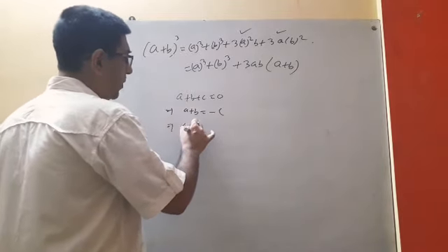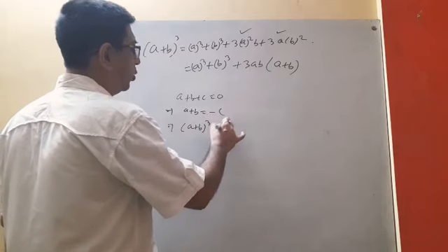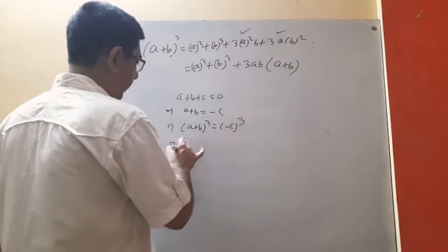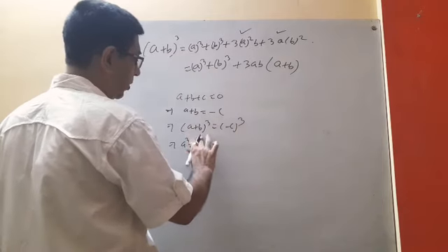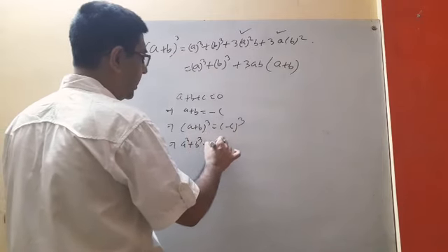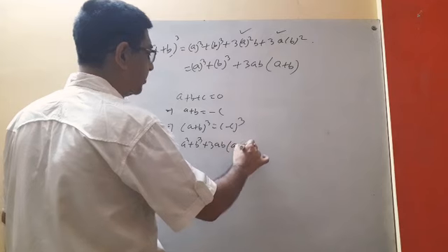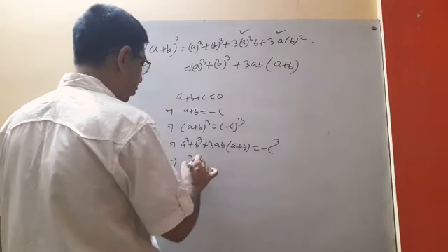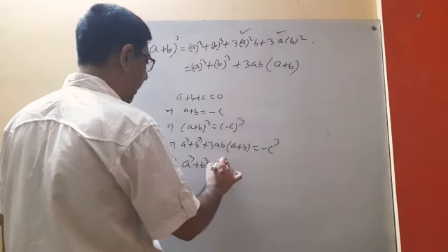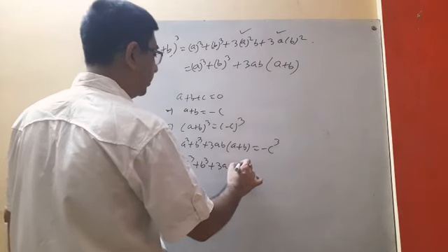So we are cubing both sides, we are getting a plus b whole cube equal to minus c whole cube. That means a cube plus b cube, we are using this formula, a cube plus b cube plus 3ab into a plus b, that is minus c cube. That means a cube plus b cube plus 3ab, what is a plus b?